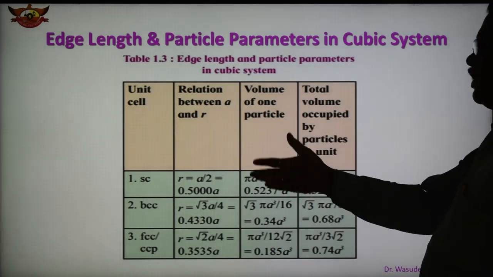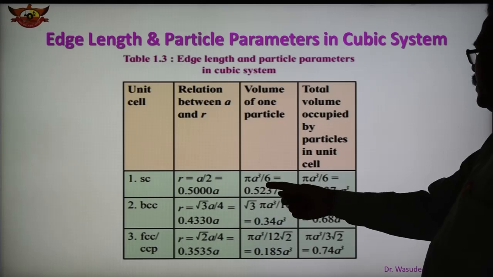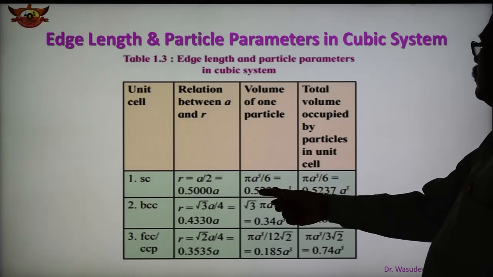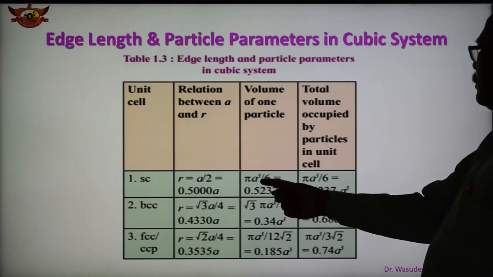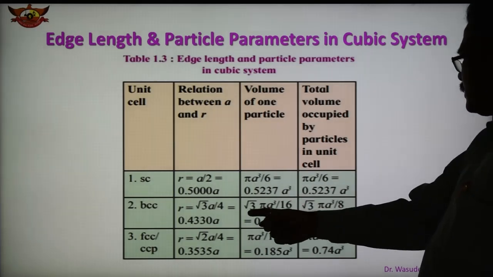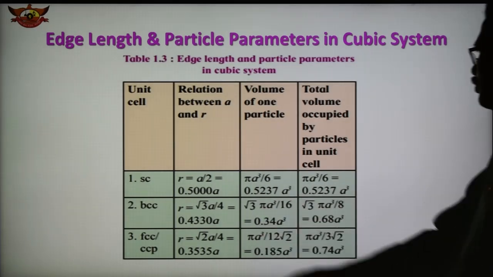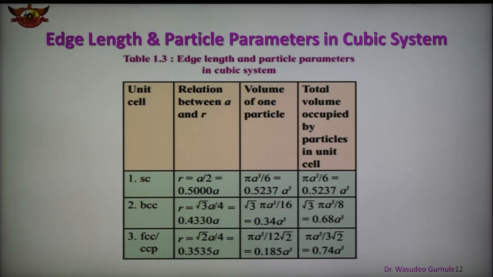The volume of one particle we have seen in case of all the three systems. This is the volume of one particle, 4 pi r cubed upon 3, given for simple cubic, this is for the BCC, and this is in the case of face centered.